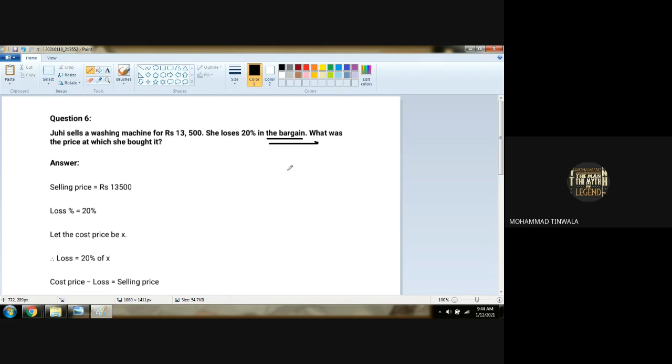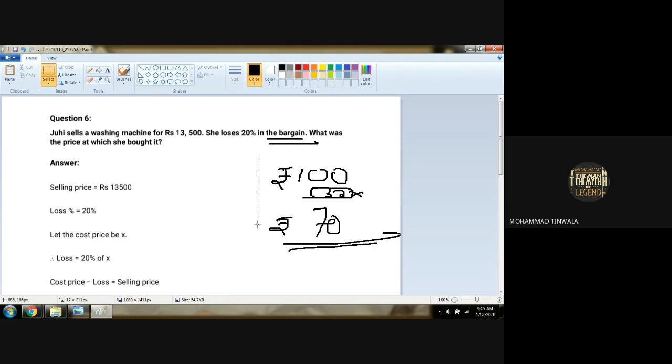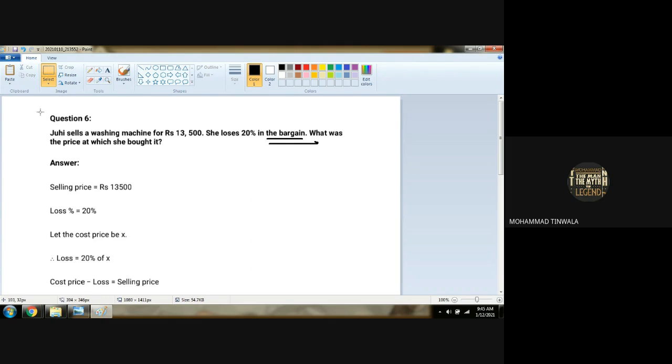If he told you 100 rupees and you bought the item for 70 rupees, are you getting it? So 30 rupees were cut through bargaining. Are you getting my point, what is bargain? Everyone does this regularly. It is not a new word.